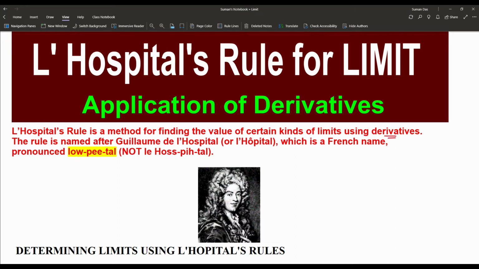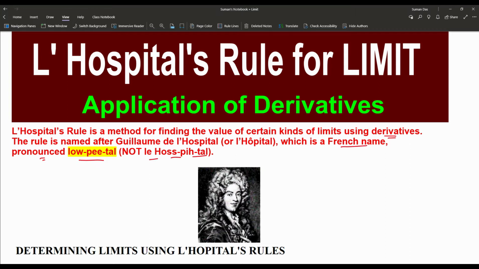The rule is named after Guillaume de L'Hopital, a French name pronounced L'Hopital, not El Hospital. So it must be pronounced as L'Hopital's rule for limits.